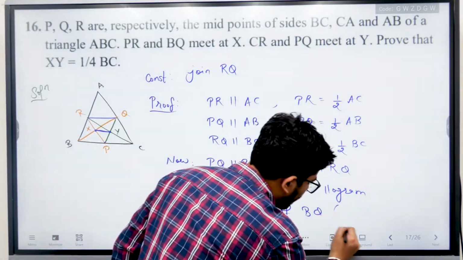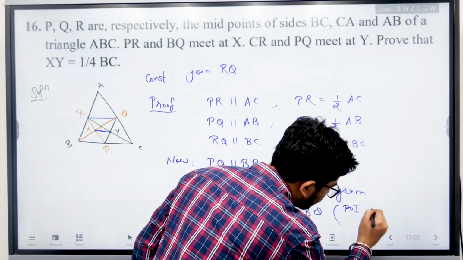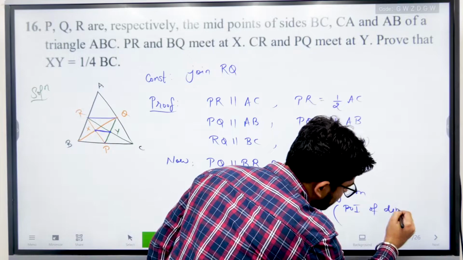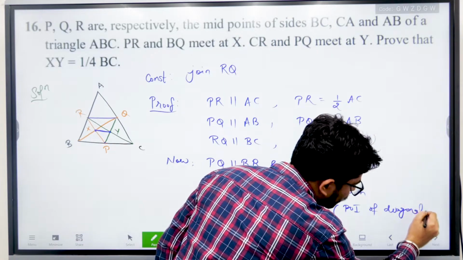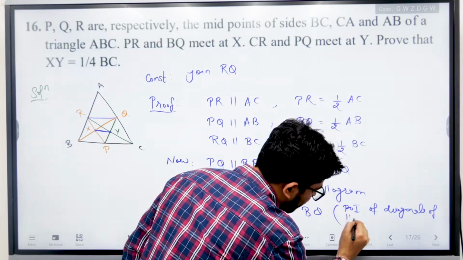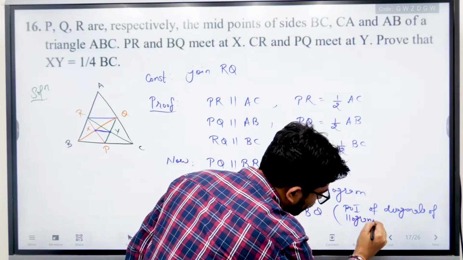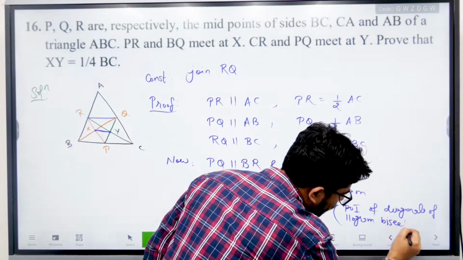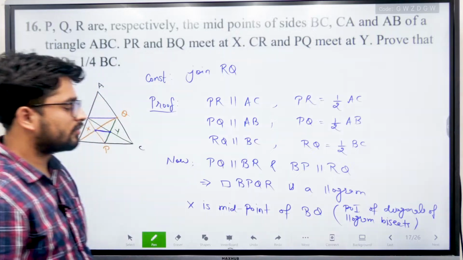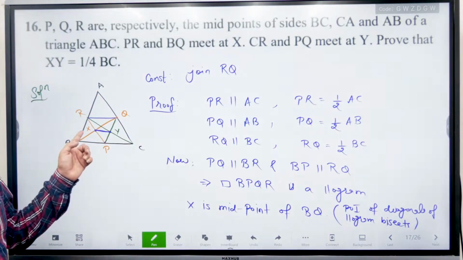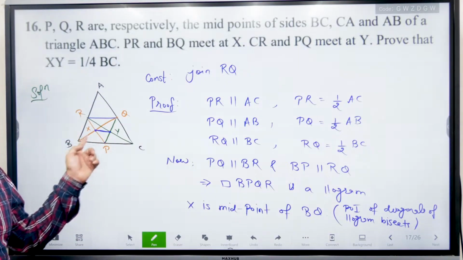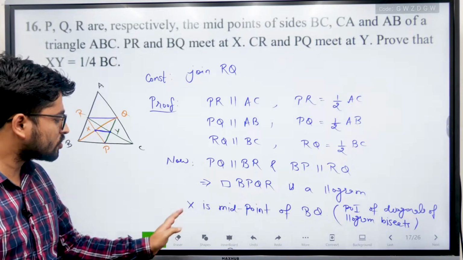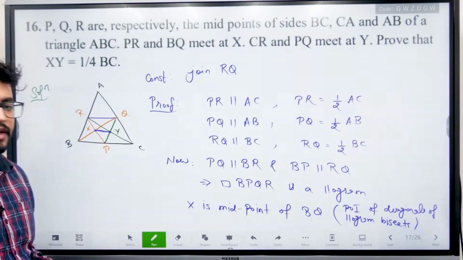Yes, you can write here: point of intersection of diagonals of a parallelogram bisects. Yes, the point of intersection of diagonals bisects your diagonals. Yes, so X is what? X is the midpoint of BQ.